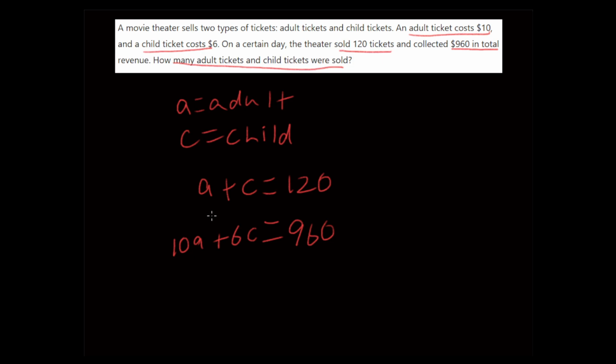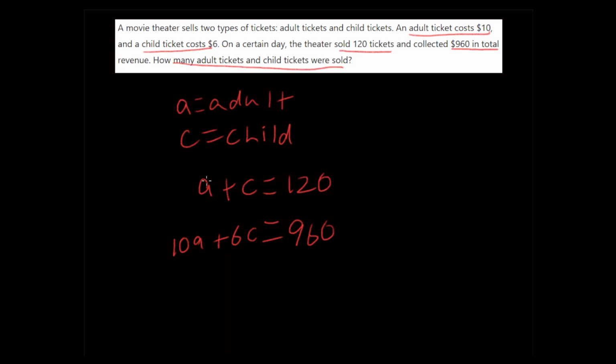So we have these two equations. A plus C equals 120, which shows the total number of tickets they sold. And 10A plus 6C equals 960, which is the total revenue.